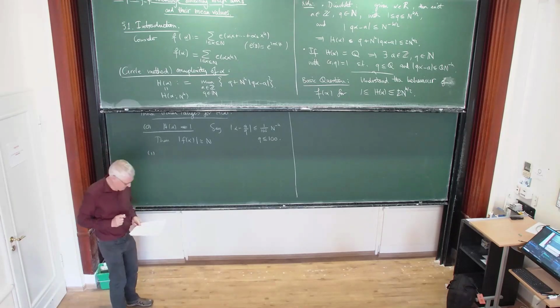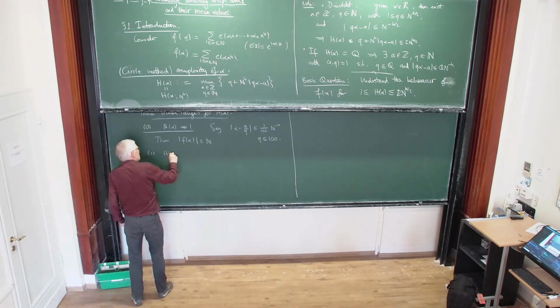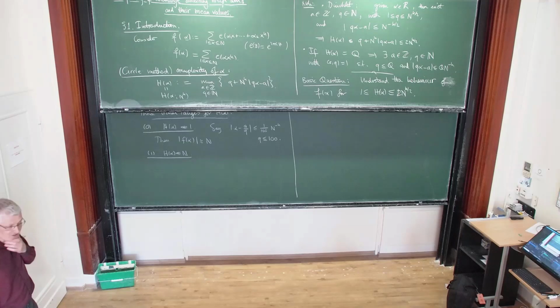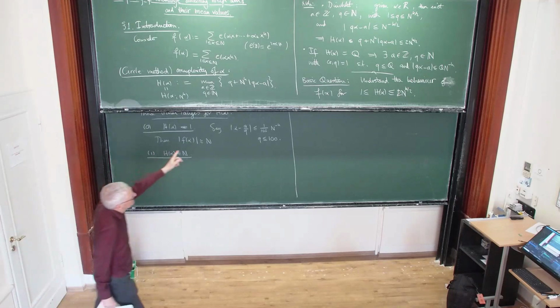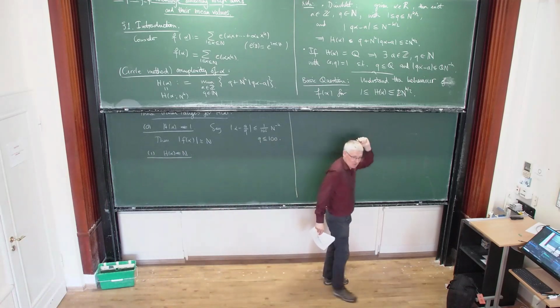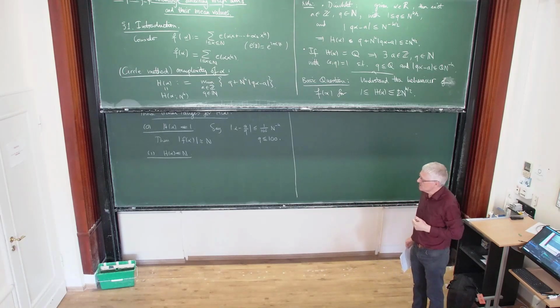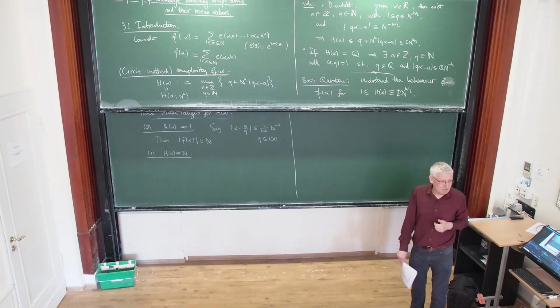Okay, that's the trivial case. So what about the range where h of alpha might be as large as n? Remember, the full range for h of alpha goes up to n to the k over 2. And for this talk, I want to think in terms of k as being relatively large.